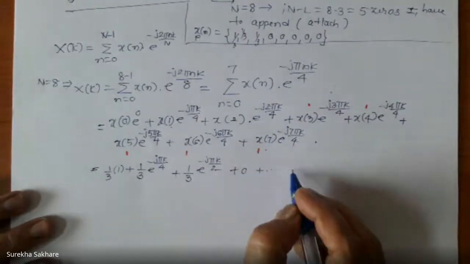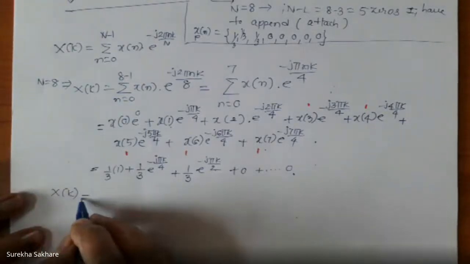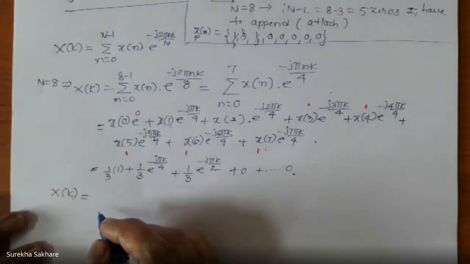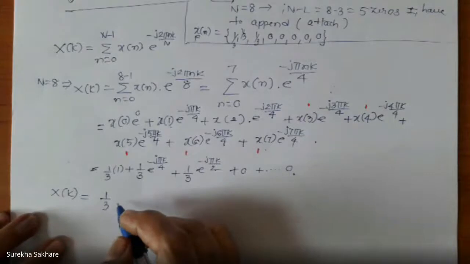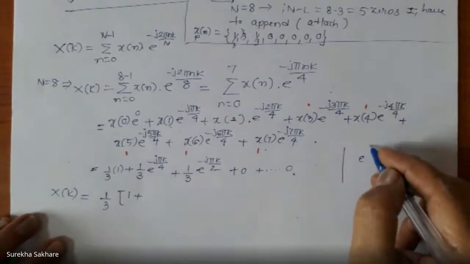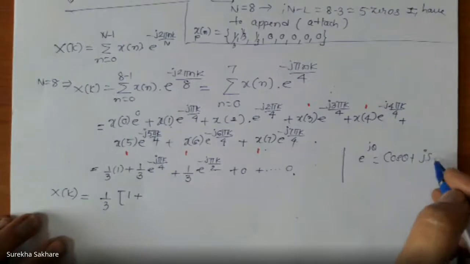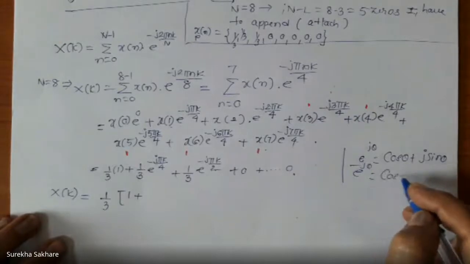Okay, so x of k, I am getting 1 by 3 times 1 plus, now I'll put this formula: e raised to minus j theta is equal to cos theta minus j sin theta, as we are usually doing.